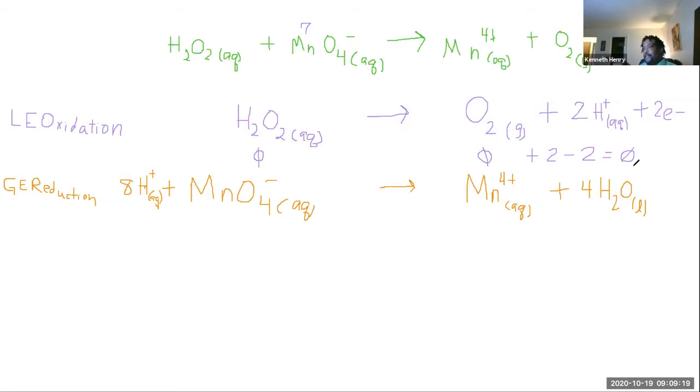Okay, what about at the bottom, the reduction reaction? You have 8 for the hydrogens, and then -1, so it's 7. And you said -1, so that's 7.